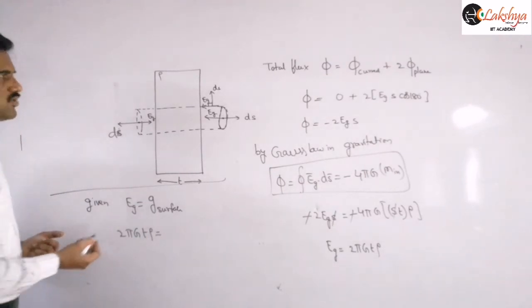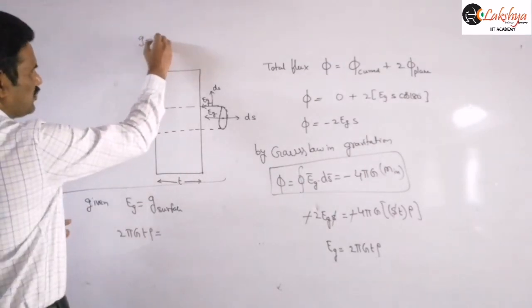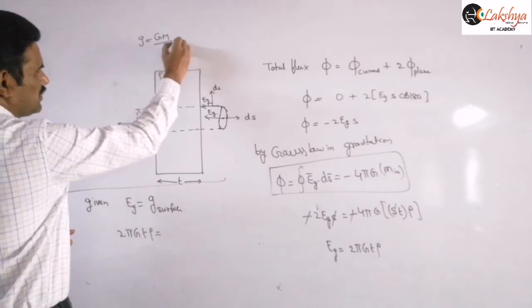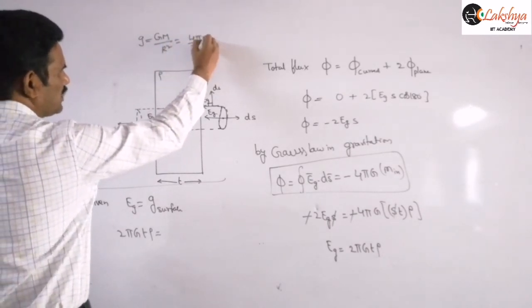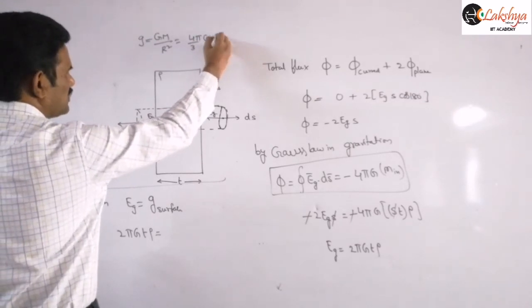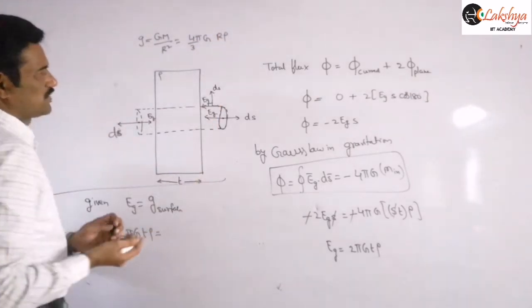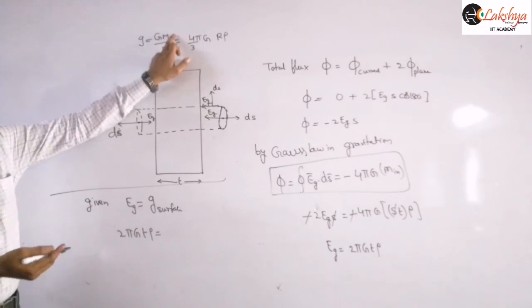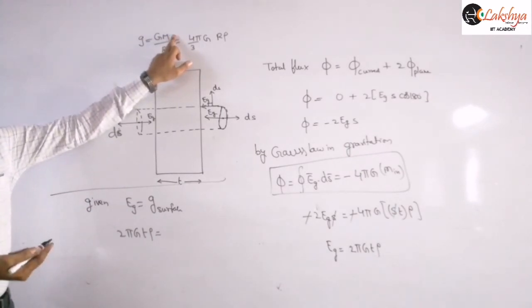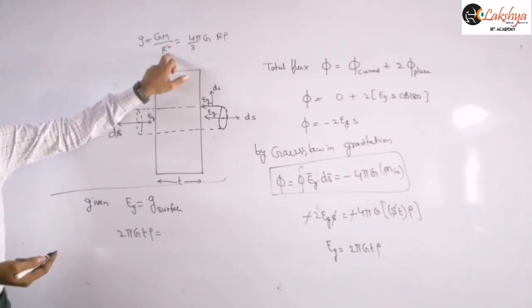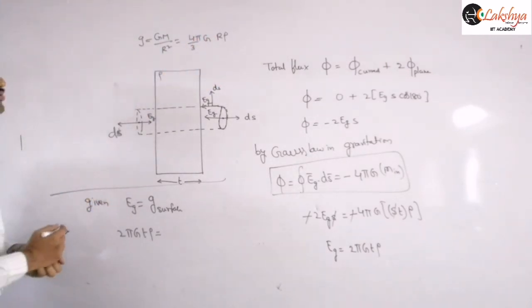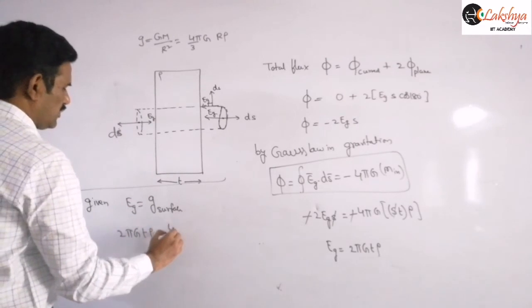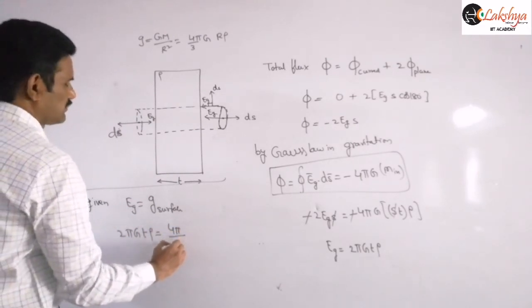You know that g is equal to GM by R square. We need to write this in terms of density, so 4 by 3 pi G R rho, because I am converting the mass to volume, 4 by 3 pi R cube rho, and in that R cube the R square cancels.